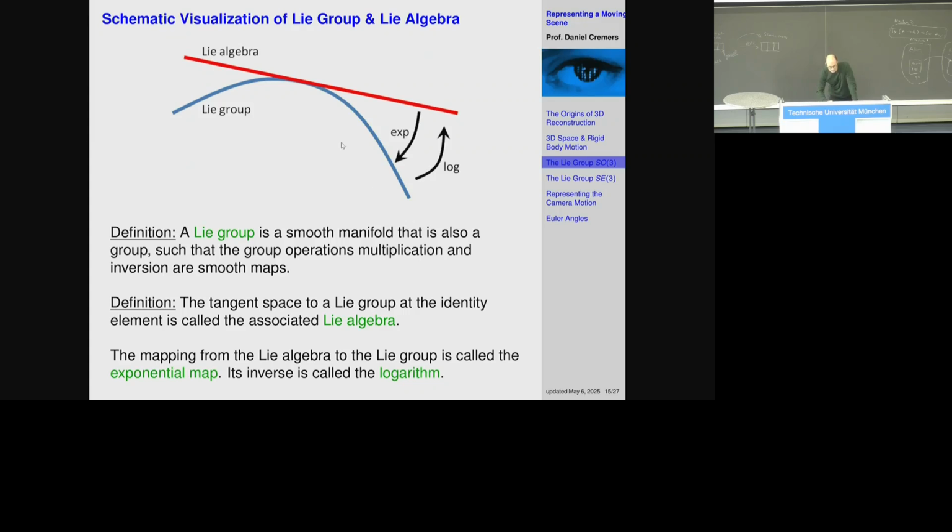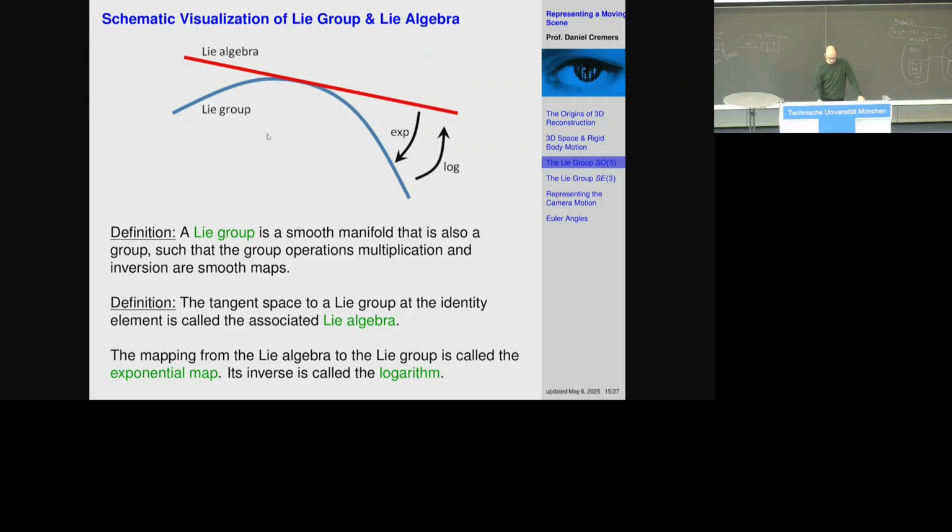But obviously here, the elements are the identity matrix plus an offset in that direction, and that offset is an element from the skew-symmetric matrices. So we have that connection that the Lie algebra is the tangent space to the Lie group fixed at the identity element.